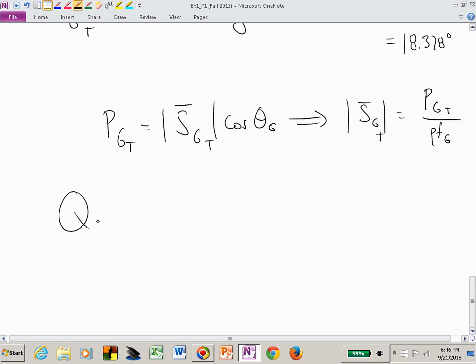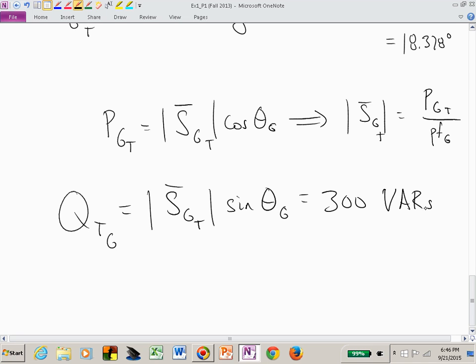And that now allows us to find QT of the generator. And if you do that, you end up with this being roughly 300 VARs.